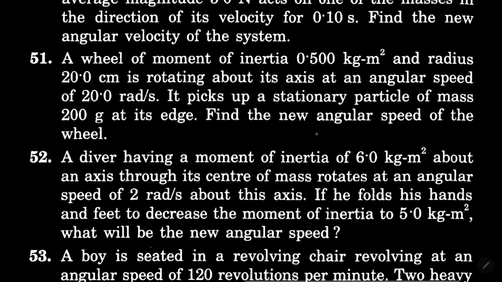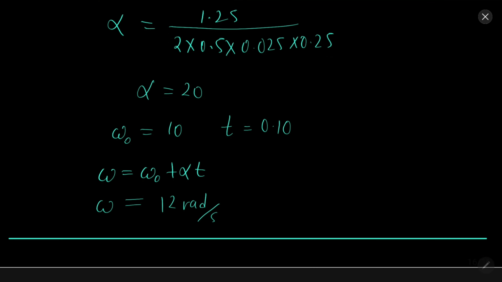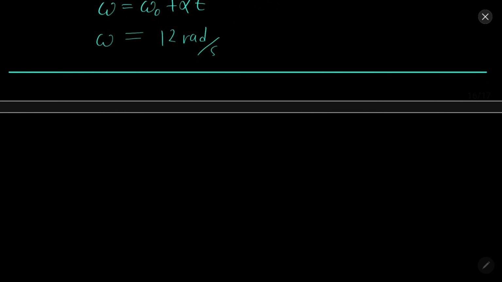In question 51, a wheel of moment of inertia is there. It picks up a stationary particle of mass 200 gram at its edge. Find the new angular speed of the wheel. Solution 51. So here according to the conservation of angular momentum, we will have this scenario.